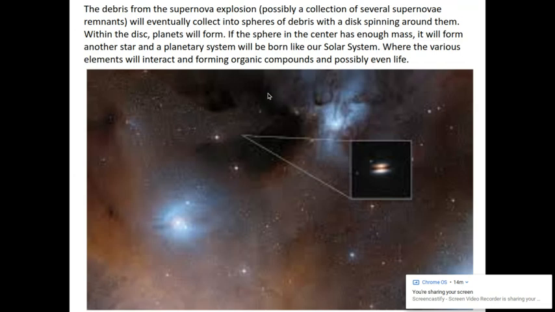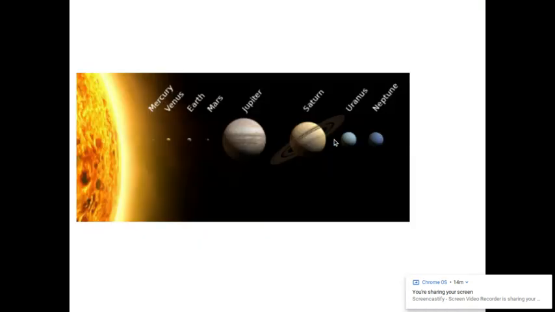So after a death of a star, there's debris flying all over the place, which a lot of the hydrogen gases and helium gases will come together again. Guess what? Giving you a protostar. But there's all these other elements that will start clumping together to give us our solar system. The heavier elements will stay closer to our new star that's being born, and the gassier, lighter elements will fly further away.